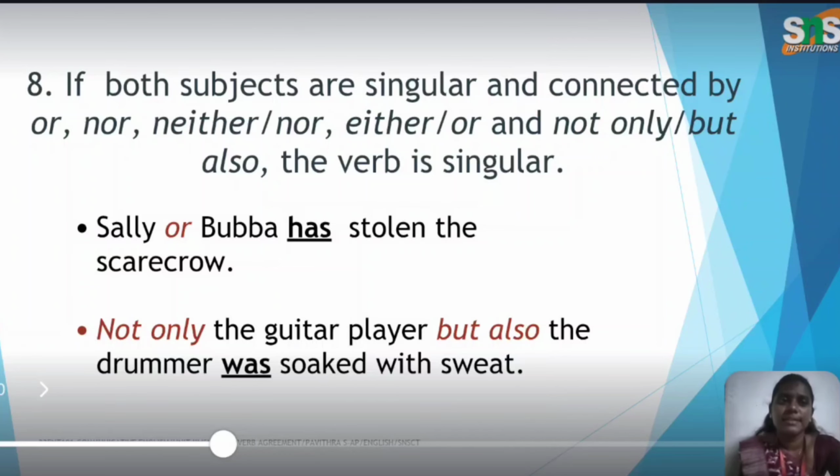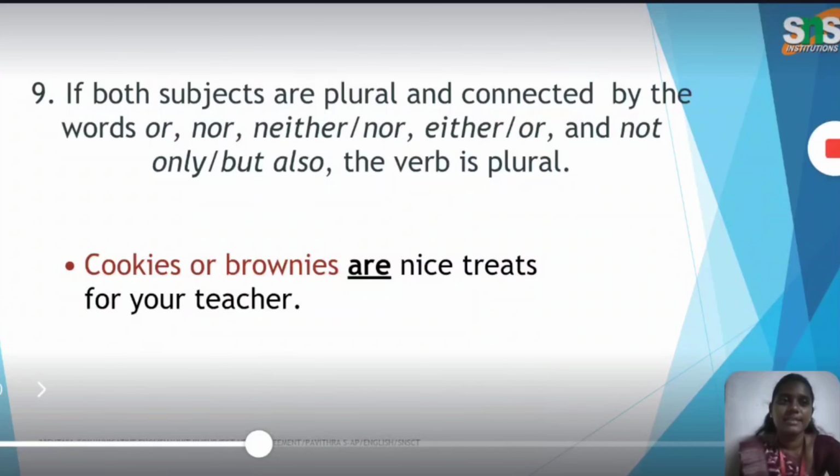And let me change the slide. Okay, so the ninth rule is if both subjects are plural and connected by words like or, nor, neither nor, either or, like correlative conjunctions, the verb is plural. If both subjects are singular, we'll be using a singular verb.